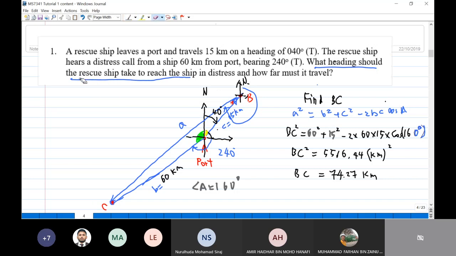How far does it go? How far must it travel? So you all know that the rescue ship must travel 74.27 kilometers to reach the ship in distress.